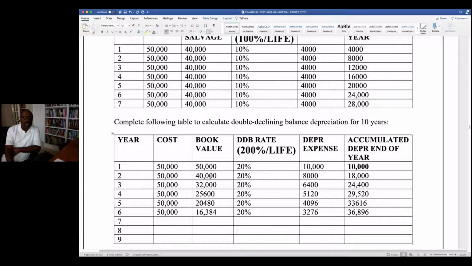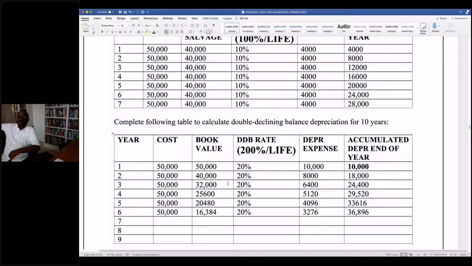So when we get the book value, we're always going back to the prior year. So we took 20% of 40, we got 8,000, we got 18. So when we get ready to get the book value for year 3, we're going to subtract 18 from 50 and get 32. So concentrate on the first 3 years.